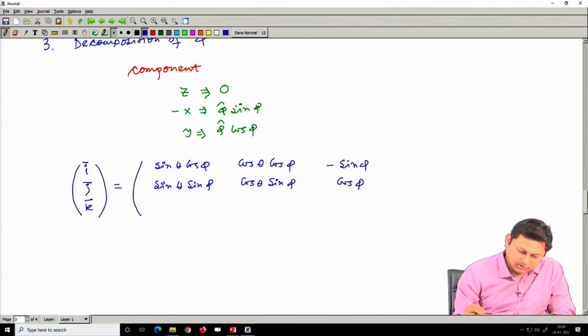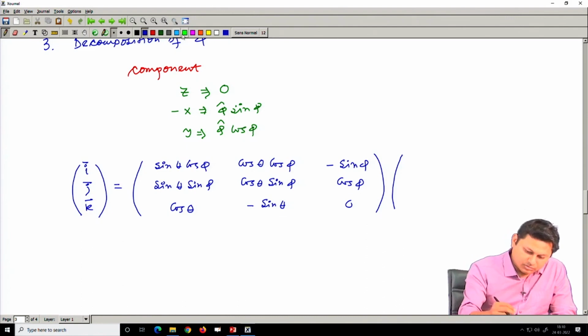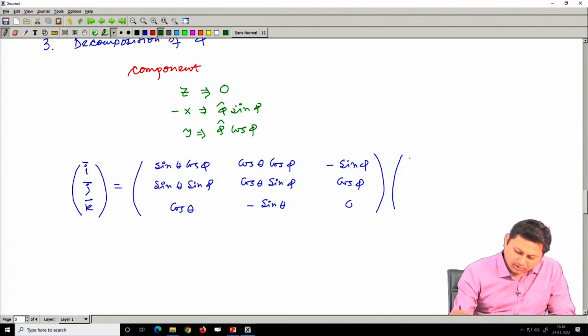These are the y components. And for the z components, in all three cases: cos theta, then minus sin theta, and 0 for the final case. On this side I should write the r unit vector, then the theta unit vector, and then the phi unit vector.